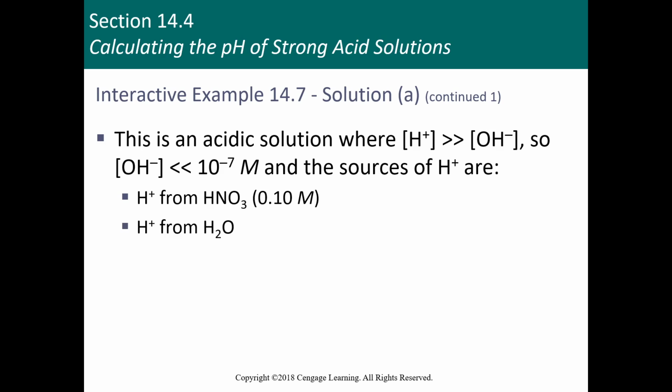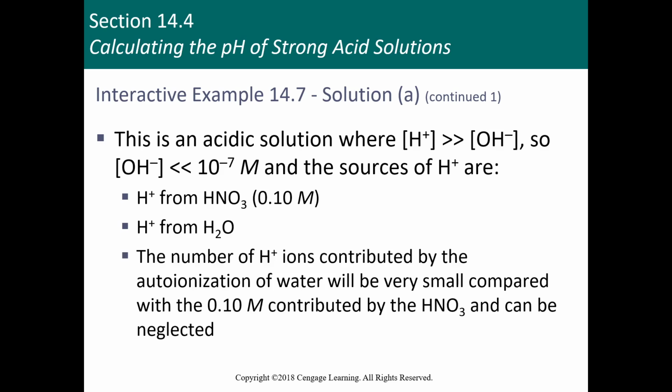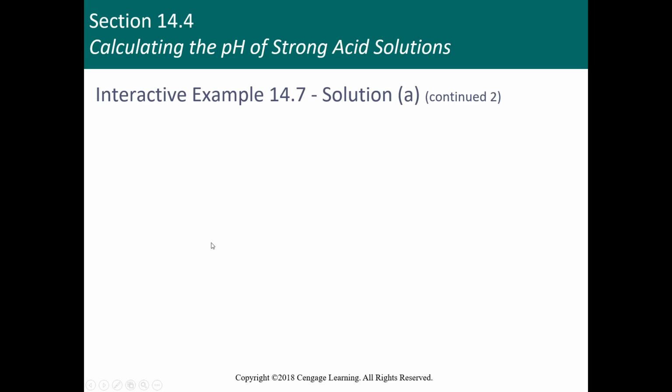We have some H+ from water, but that's normally from the autoionization of water would be something like 10 to the negative 7, right? But that's really small compared to 0.1. That's something that if you added that, it would make no difference. So what we can do is we can just use the 0.1 molarity contribution from the HNO3, and we can just completely neglect the water here.